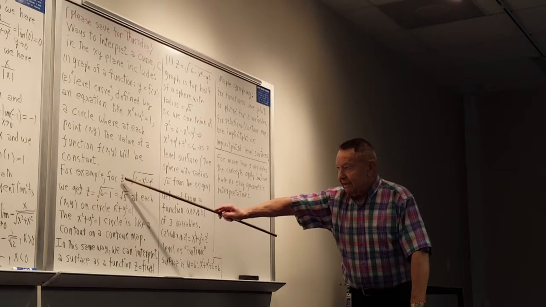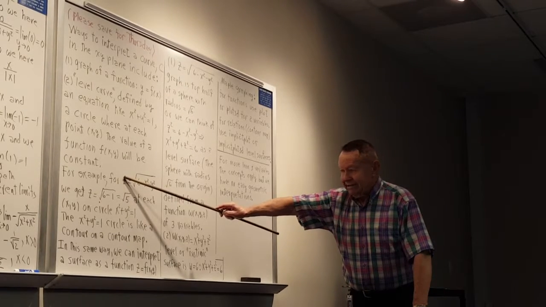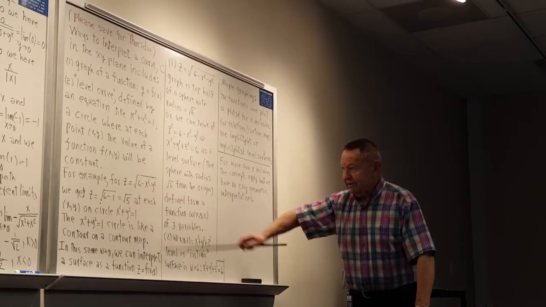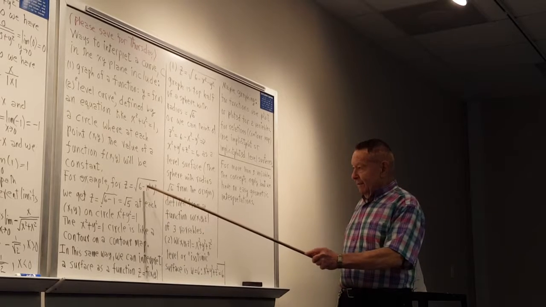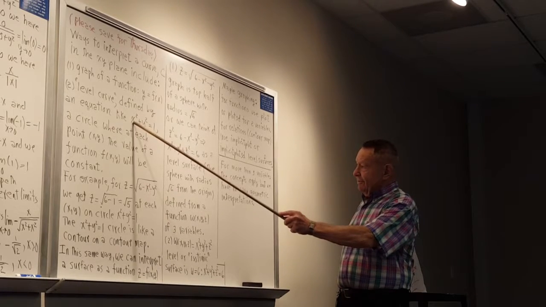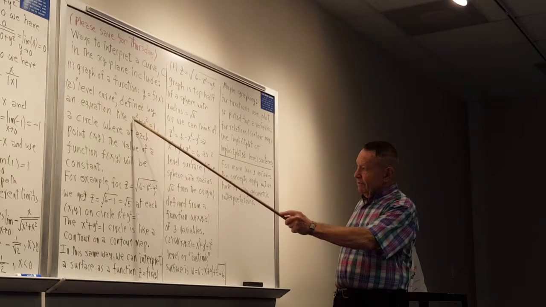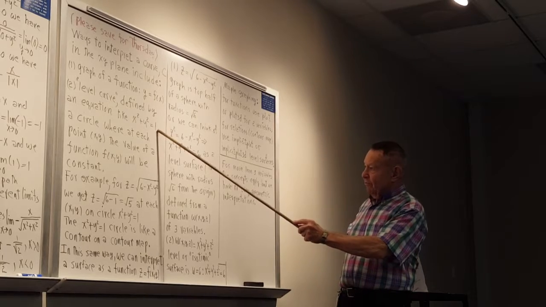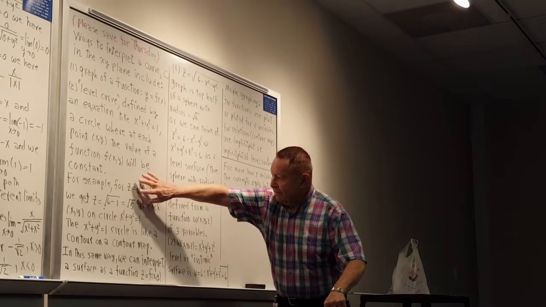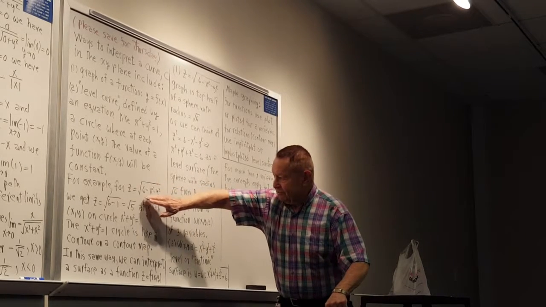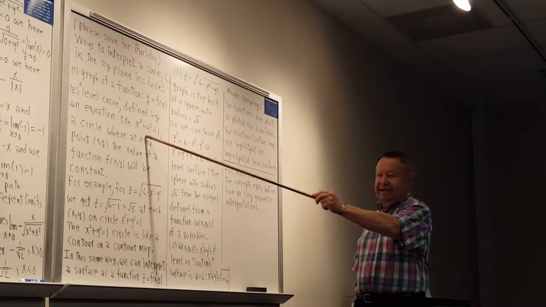So if you were thinking of a particular height that you chose, such as, for example, if you were looking at this as a level curve for this graph, you'd be looking at x squared plus y squared equal 1. So then this would become 6 minus 1 and would give you z equals square root 5.